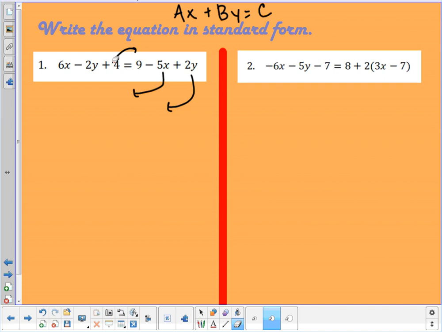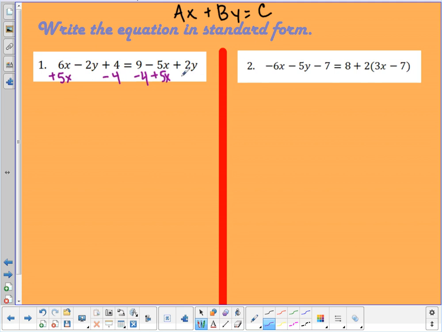So if I move all of those terms, that means I'm going to have to subtract this 4, and I'm going to subtract it from the constant, which is 9. I also need to add 5x, and I'm going to add 5x to my x term, which is the 6x over here.